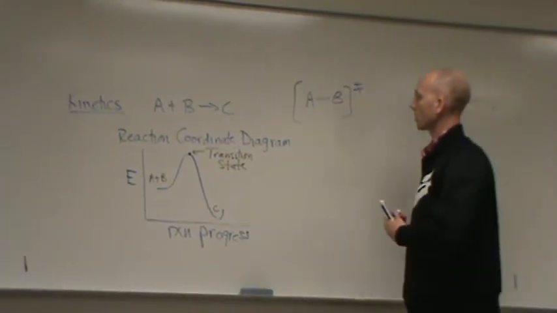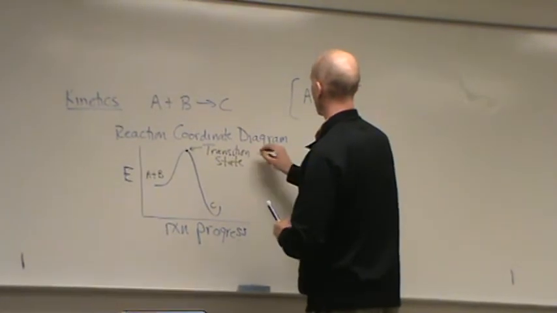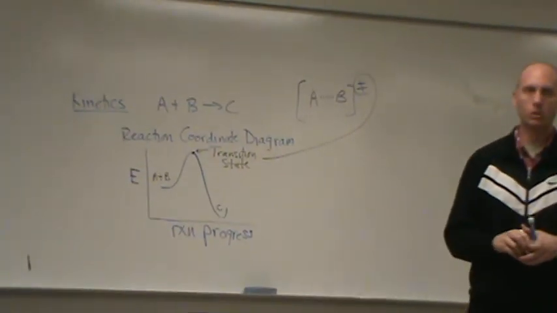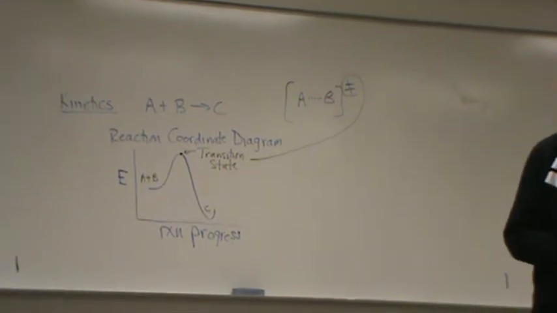So the transition state is always signified by this double dagger in parentheses.